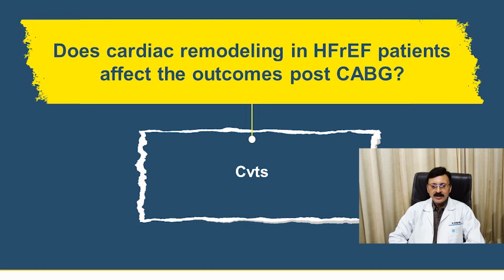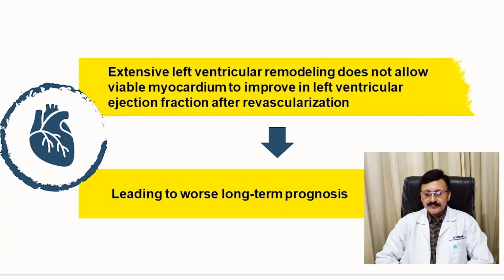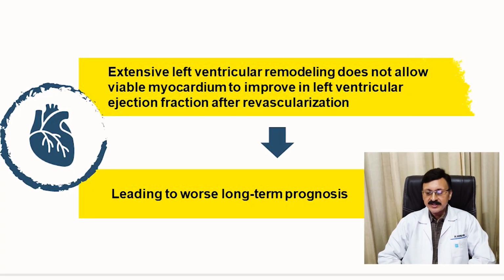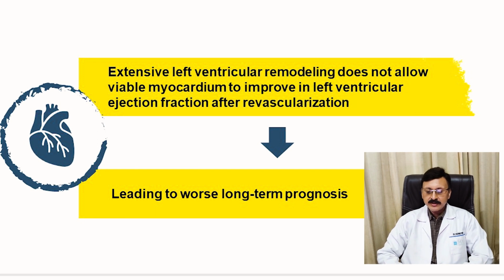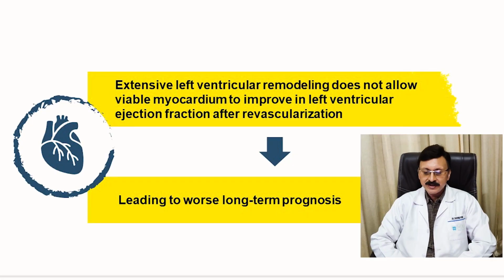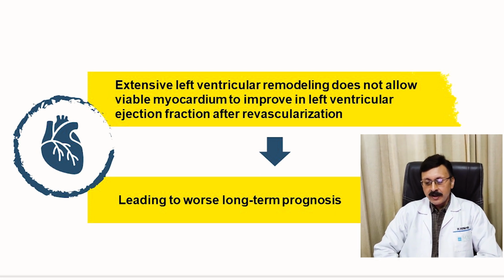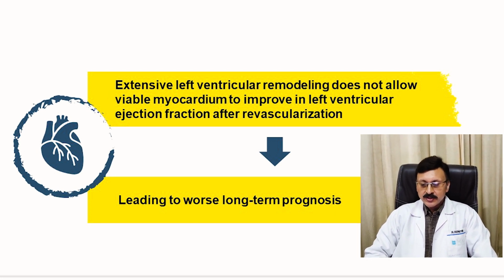The question is, does cardiac remodeling in a heart failure with reduced ejection fraction patient affect the outcomes post CABG? This is a very important question. Before we take up a patient for CABG, if the patient has reduced ejection fraction, what immediately comes to our mind is how much muscle is infarcted, how much is hibernating, how much is stunned and how much is normal myocardium.